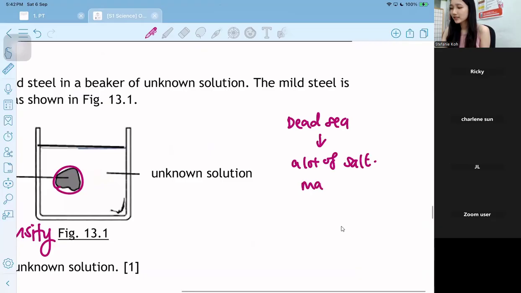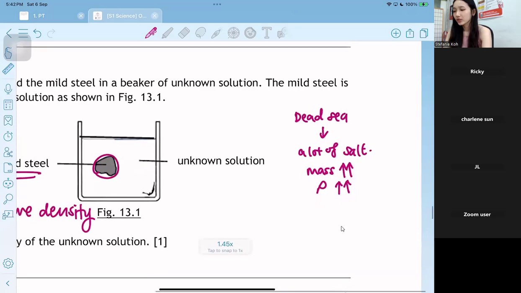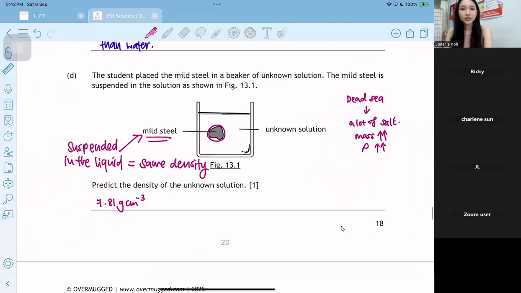So the mass is a lot greater, therefore its density is also very high. So compared to us, when we lie down on the Dead Sea, our density is lower. So we float on the Dead Sea. Okay? So you are very buoyant on it. Moving on.